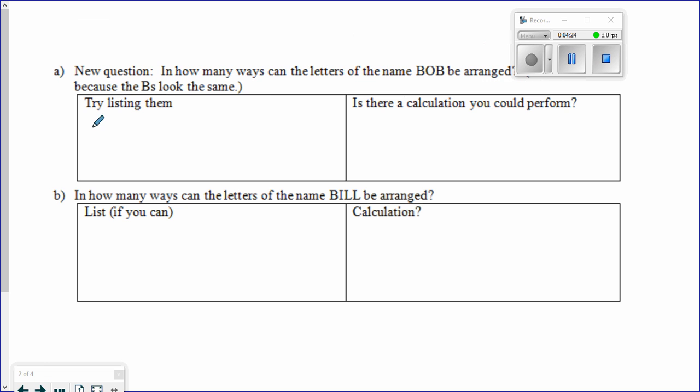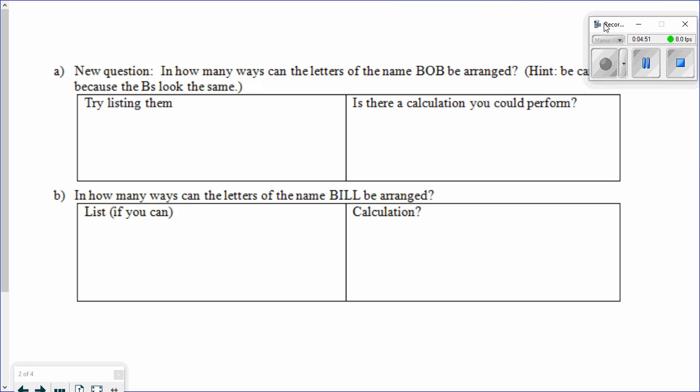So on page 8, or on a recent page, we looked at different ways to arrange the letters of the name Jim. So we could say JIM or JMI or MIJ or MJI or IJM or IMJ. We found the 6 possible arrangements. But the new question says, how many ways can the letters of the name Bob be arranged? And again, we can't tell the difference between these two B's.